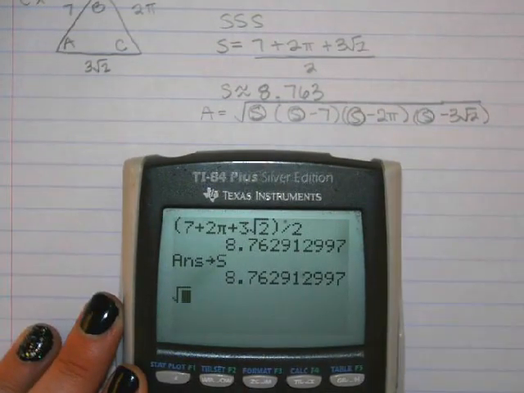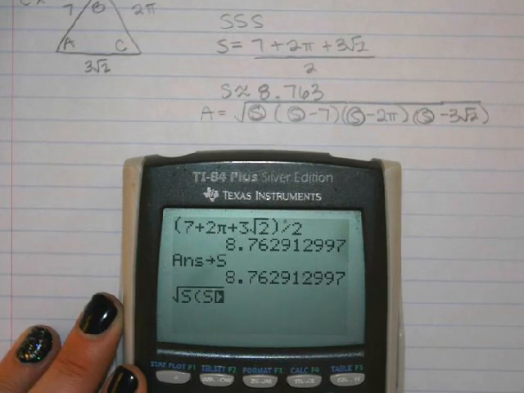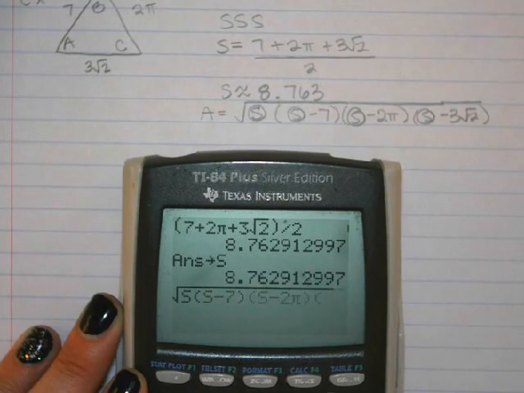So I've got a big square root sign. I've got S times S minus 7, S minus 2 pi, S minus 3 square root 2.